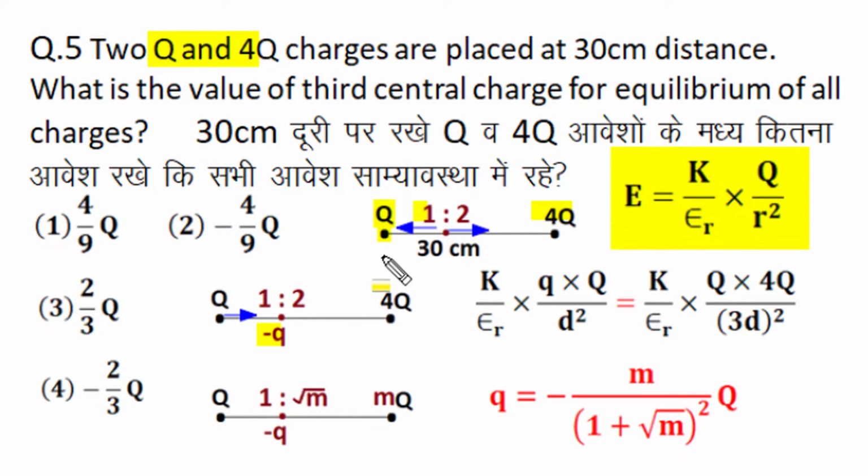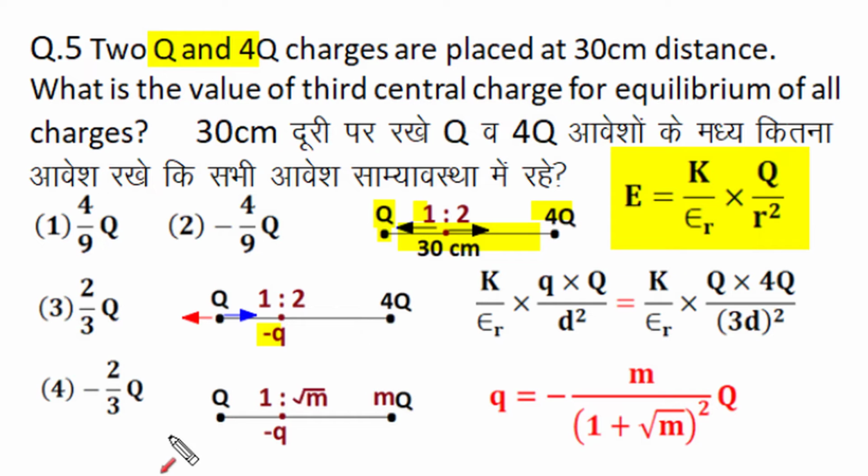So the other part is 2d. So the total distance of the 4Q charge from capital Q, which generates a repulsive force on capital Q of amount K Q 4Q, is d and 2d, which becomes 3d. So the inverse square of the distance is 3d whole square, and when we simplify this relation, we get that the value of this small q is minus 4/9 Q.